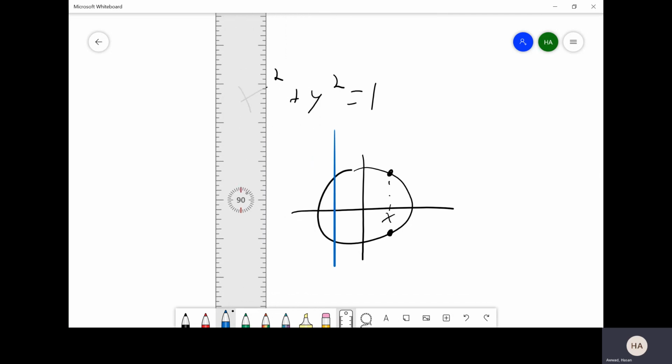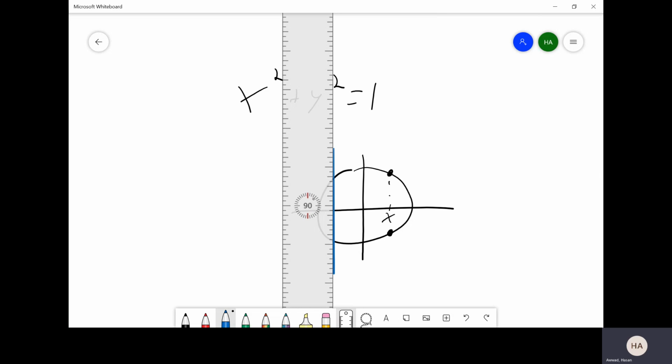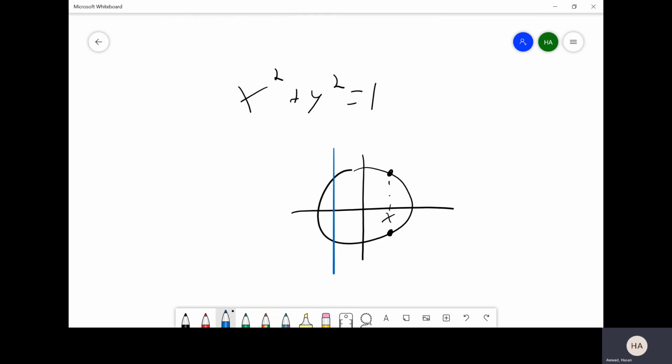If your vertical line crosses the graph at more than 1 point, so notice that it's hitting the graph right here and it's hitting the graph right here, if it crosses the graph at any 2 points, then you have a problem. Then it's not a function, okay?